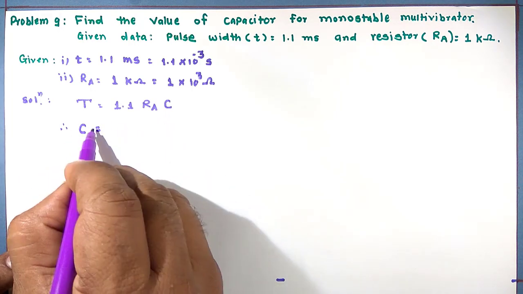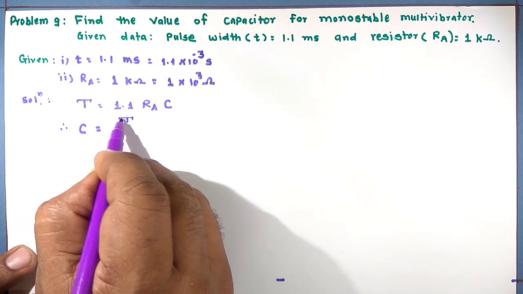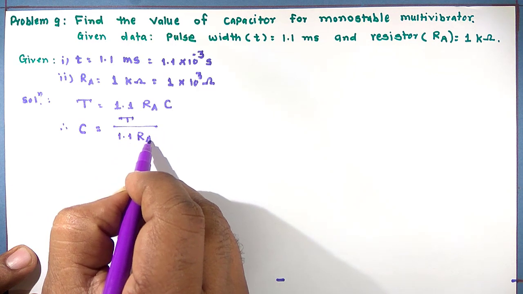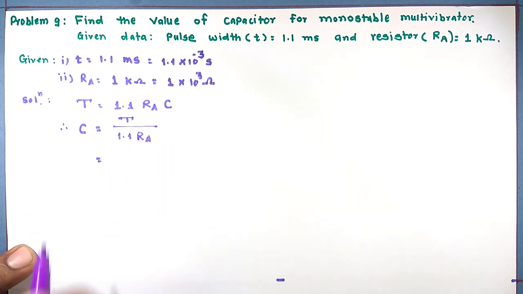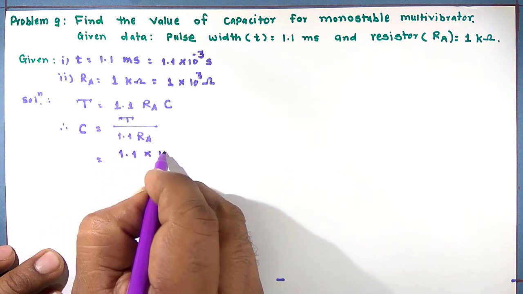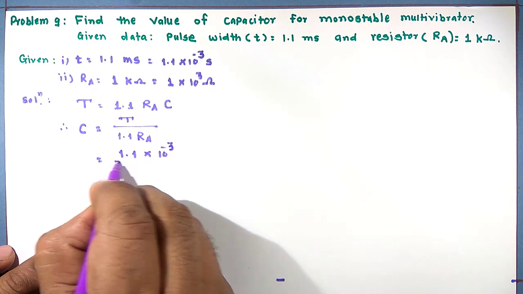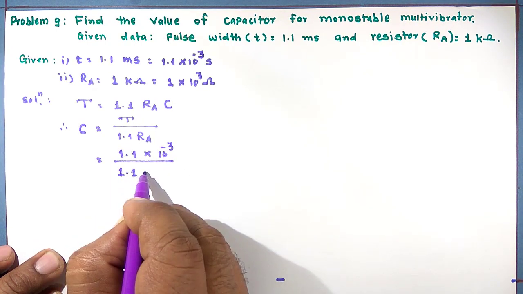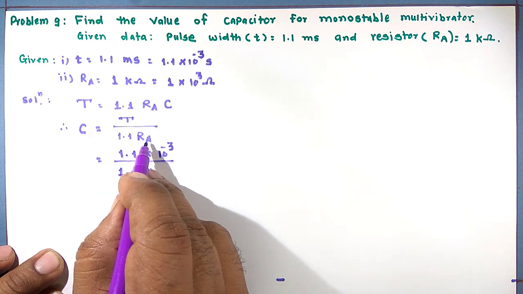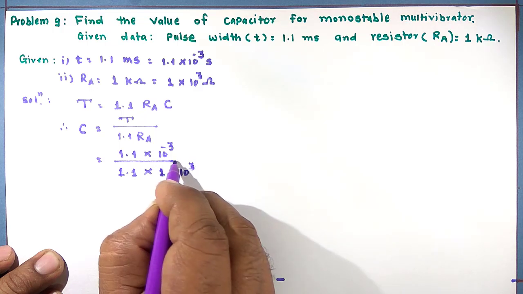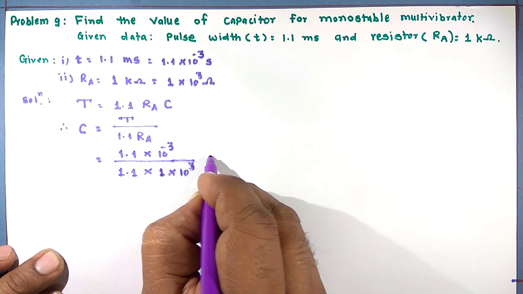C is equal to T divided by 1.1 Ra. Let us substitute the values of T and Ra. T is 1.1 into 10 raised to minus 3 and 1.1 into Ra, where Ra is 1 into 10 raised to 3. So this will be in farad.